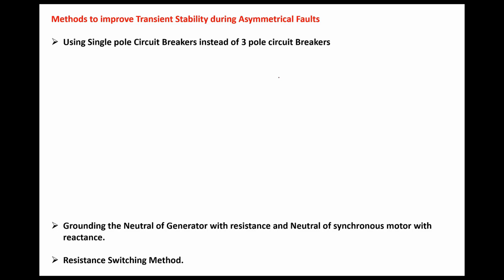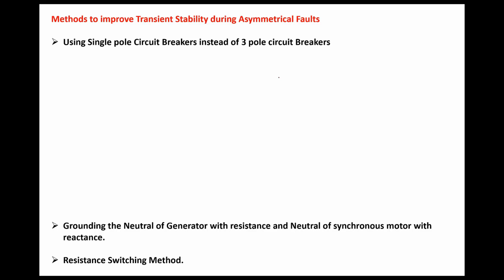During fault analysis, we have studied that a single line to ground fault at the terminals of an alternator is more severe than a three-phase fault at the terminals of an alternator. Understand?